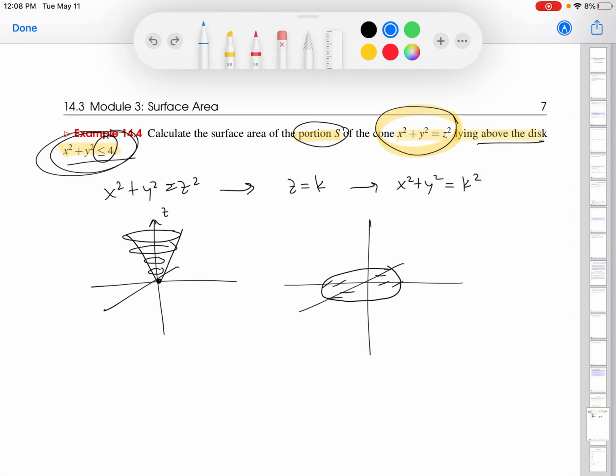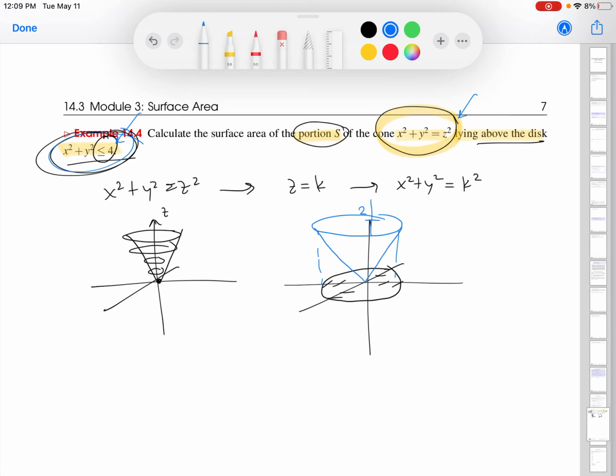And then if I go back and I draw my cone, then at z equals 2, I am going to be at x squared plus y squared equals 4. So at z equals 2, my cone has enlarged to cover exactly the same projected region as this disk given in the plane. So that makes it a little bit easier to draw my cone.